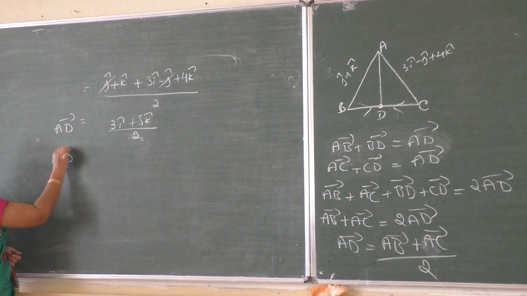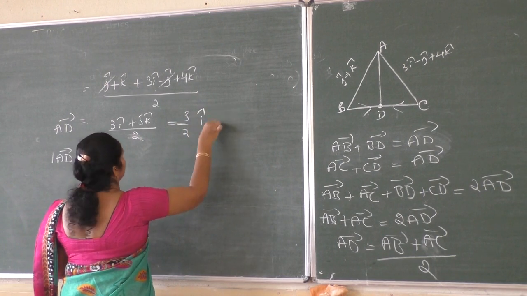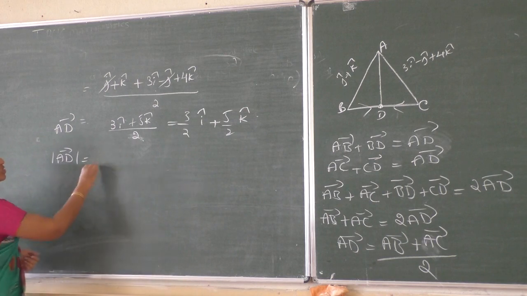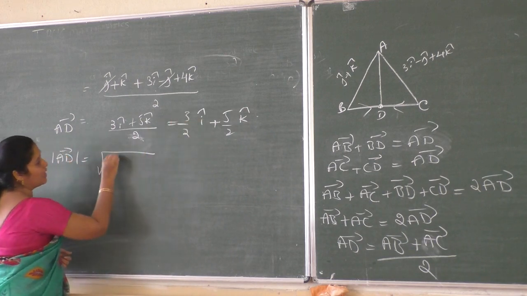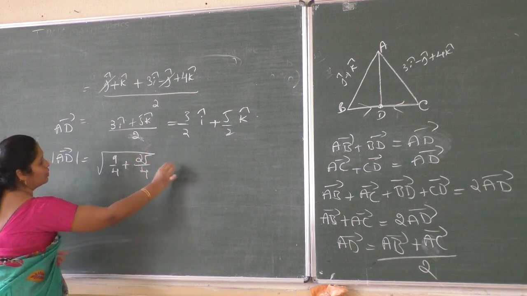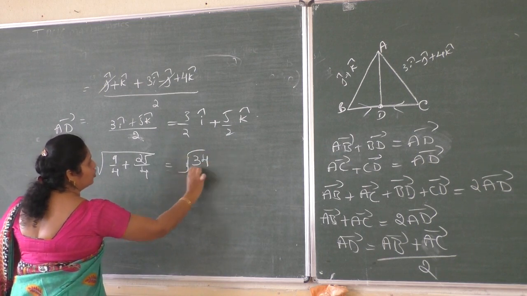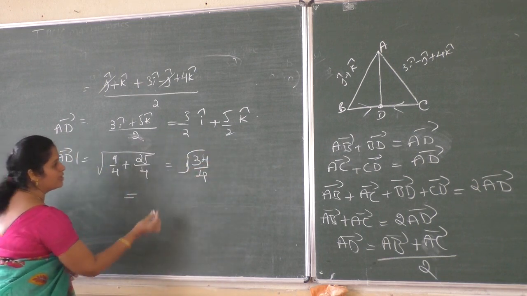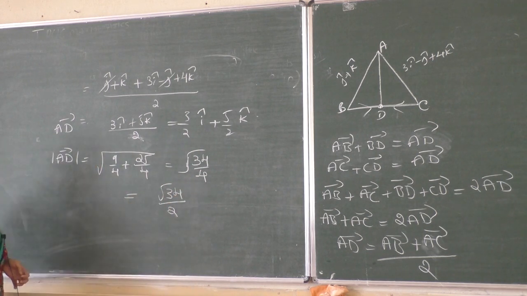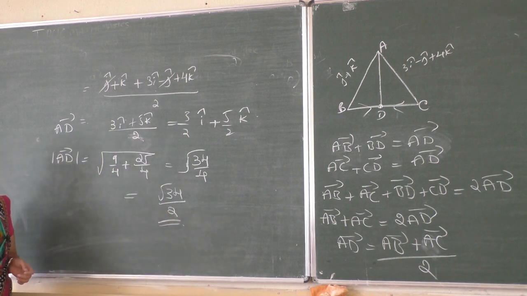So the magnitude of this vector is the square root of 3 by 2 squared plus 25 by 4, which is root 34 by 4, equal to root 34 by 2. Therefore the length is root 34 by 2.